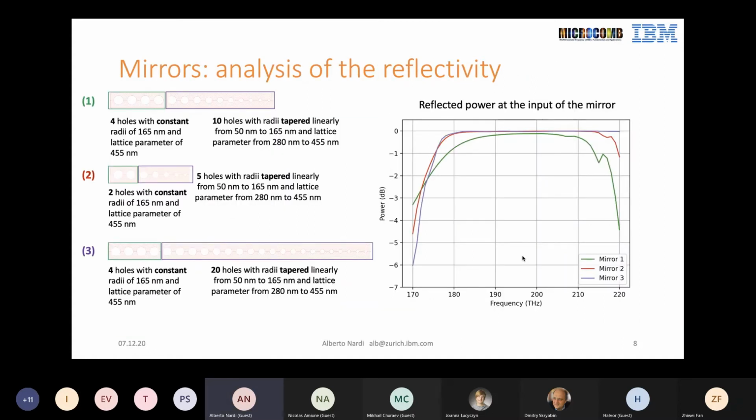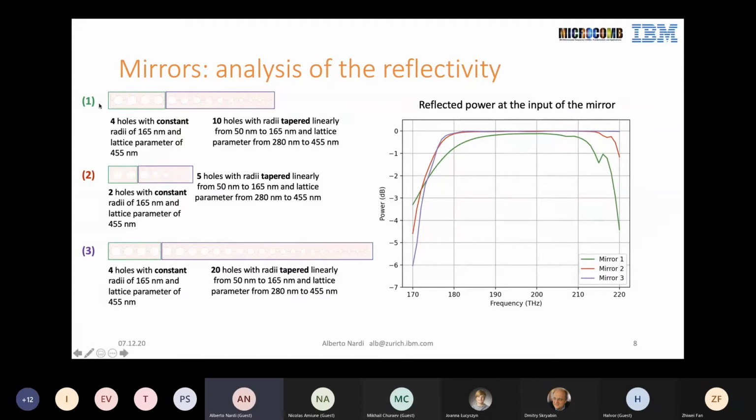And here we see different configurations. Basically, we are adding constant-parameter holes in the beginning just to make sure that the reflectivity is fine, and then the linearly tapered part just to reflect first the higher frequencies and then the lower frequencies.